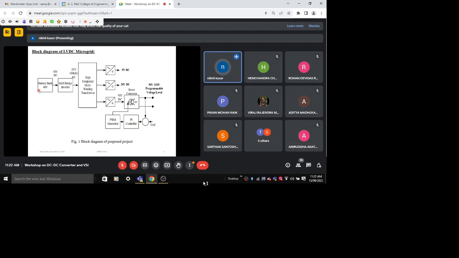These DC to DC converters are required because in multiple DC applications we require very high voltage levels, and various types of voltage levels, just like we are seeing in laptops, 20 volt, 30 volt. Each voltage level is different. These voltage levels are required for different types of applications.